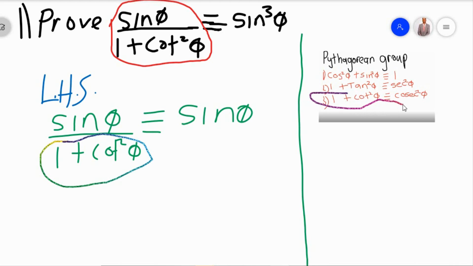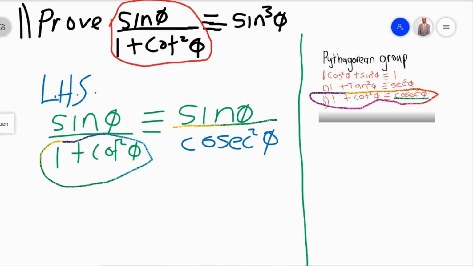But I know from the Pythagorean group we did earlier that 1 plus cot squared theta is exactly equal to cosecant squared theta. I can substitute here with cosecant squared theta.